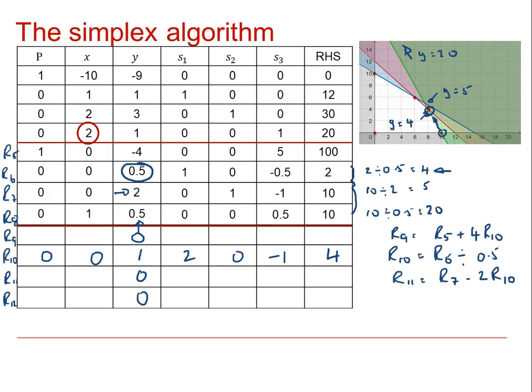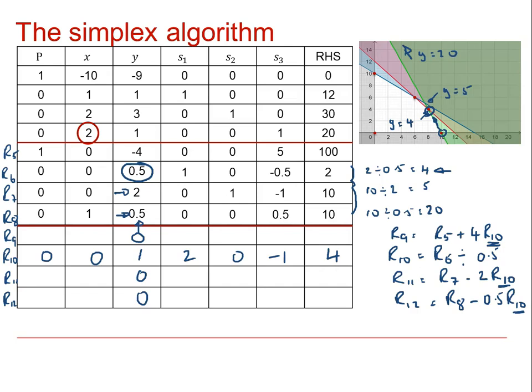And finally, we've got 0.5 here. So to get row 12, we're going to take row 8 and subtract half of row 10. So again, using that new pivot with row 10 to calculate our values for the new rows.